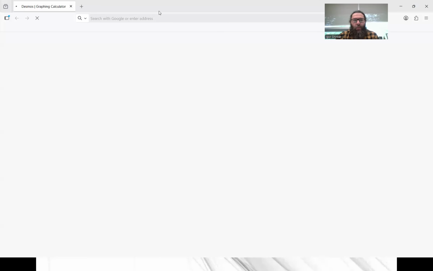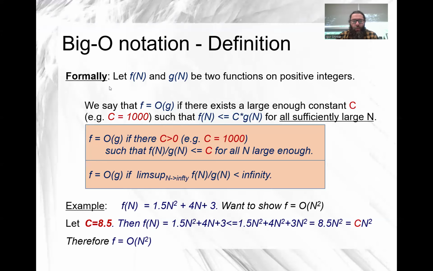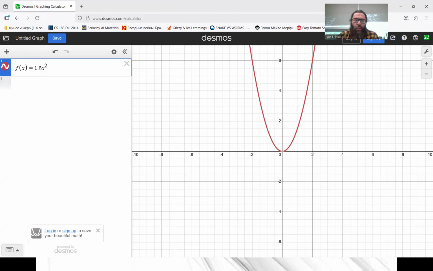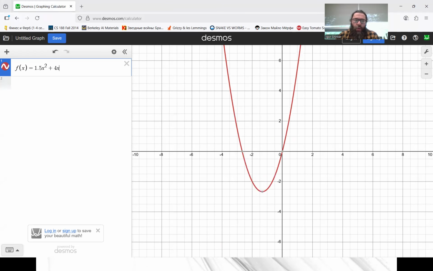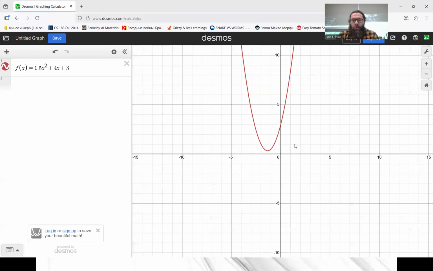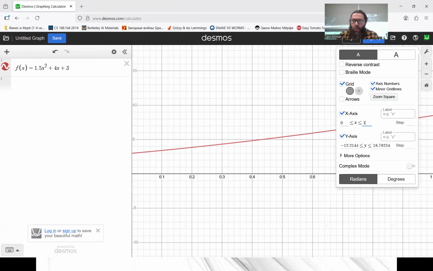So maybe in Desmos, it's a good exercise to do. So f of x is 1.5 x squared plus 4x plus 3. Okay, so this is our function. Let me do some scaling here.